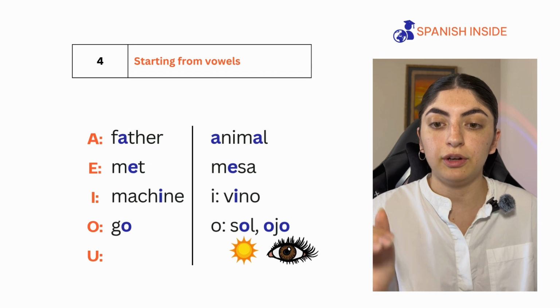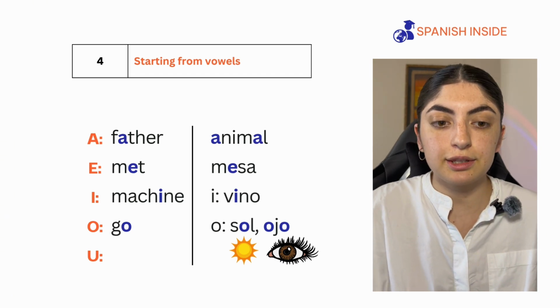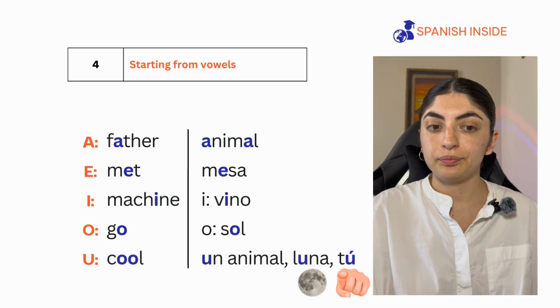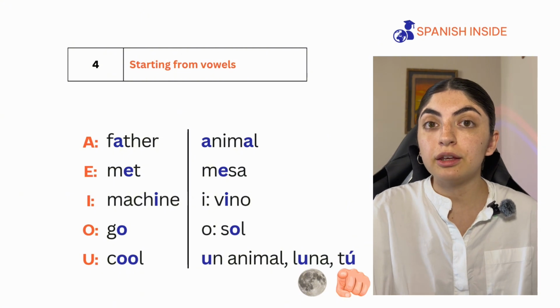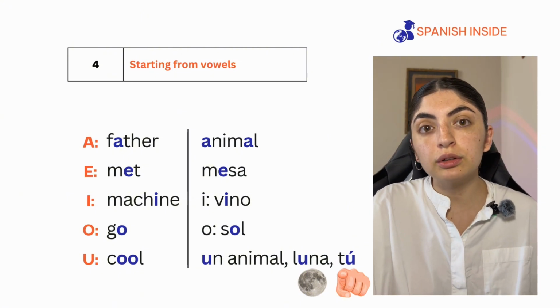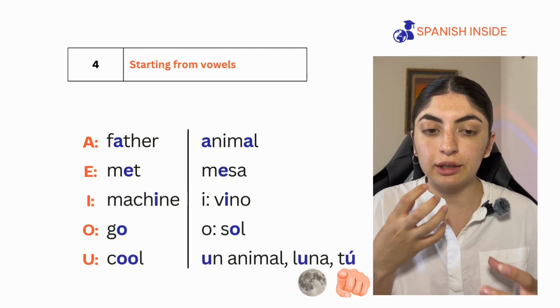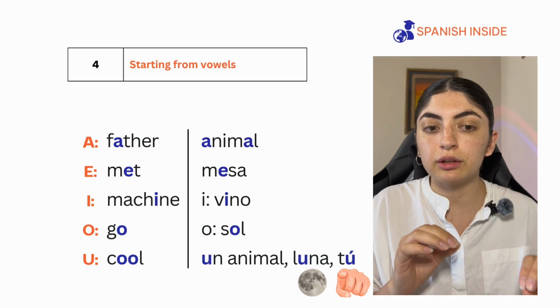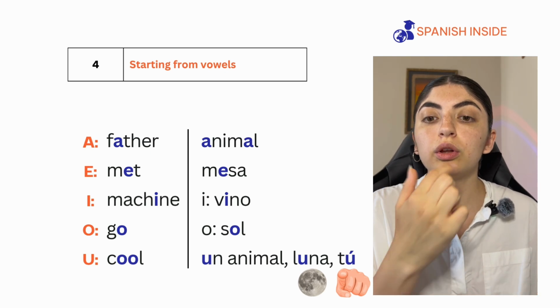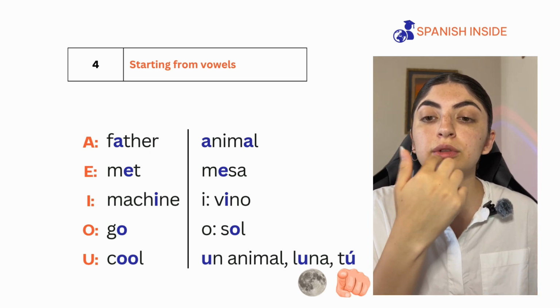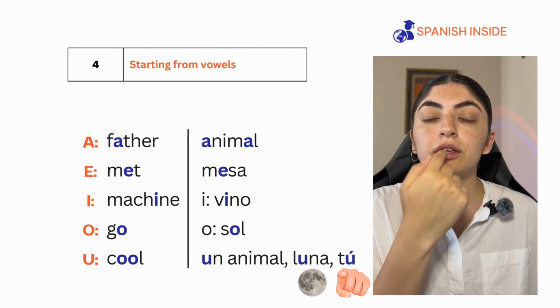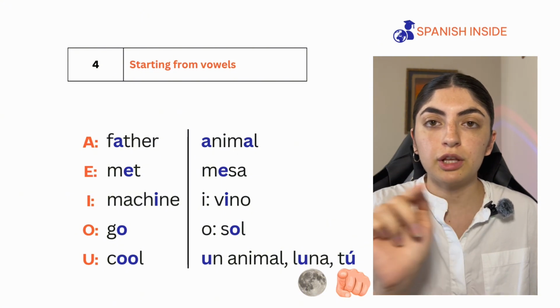Okay, very, very good. Next, U, like in cool, but more like U. Lips are rounded. It's never like you.